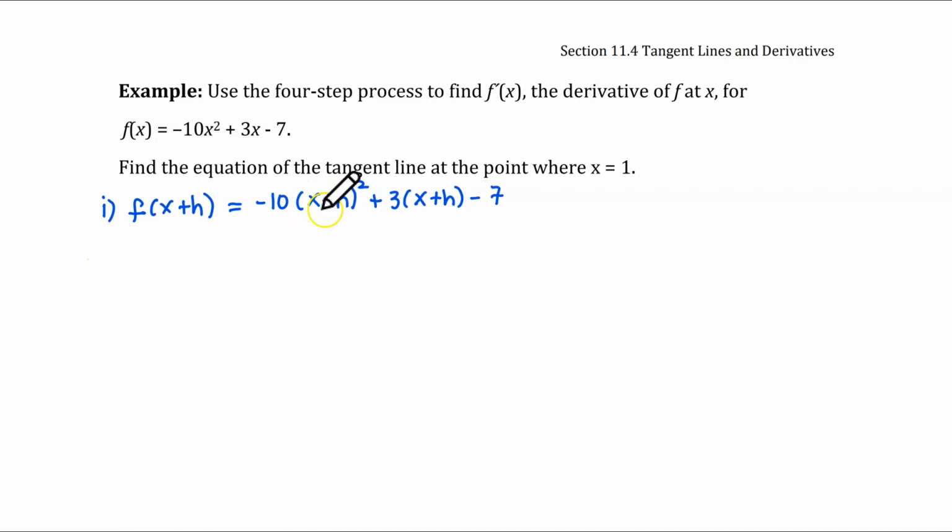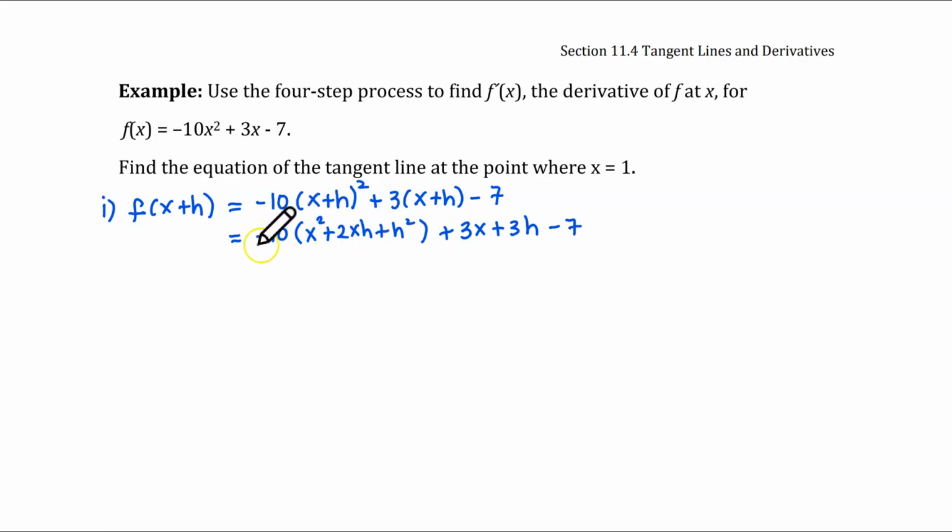Then you expand this using the FOIL method or using the special product formula. So this is -10 times, when you expand this, x² + 2xh + h². And then you distribute 3 to each term inside the parentheses. So plus 3x + 3h - 7.